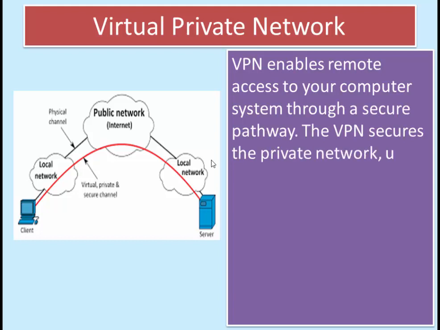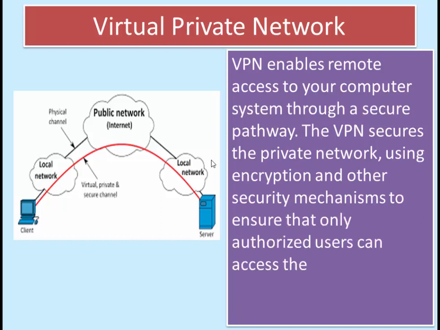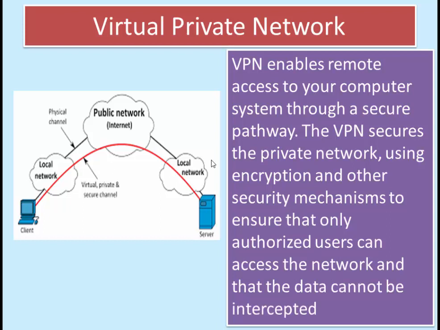The VPN secures private networks using encryption and other security mechanisms to ensure that only authorized users can access the network and that the data cannot be intercepted. This is a secure way to have access to remote devices.